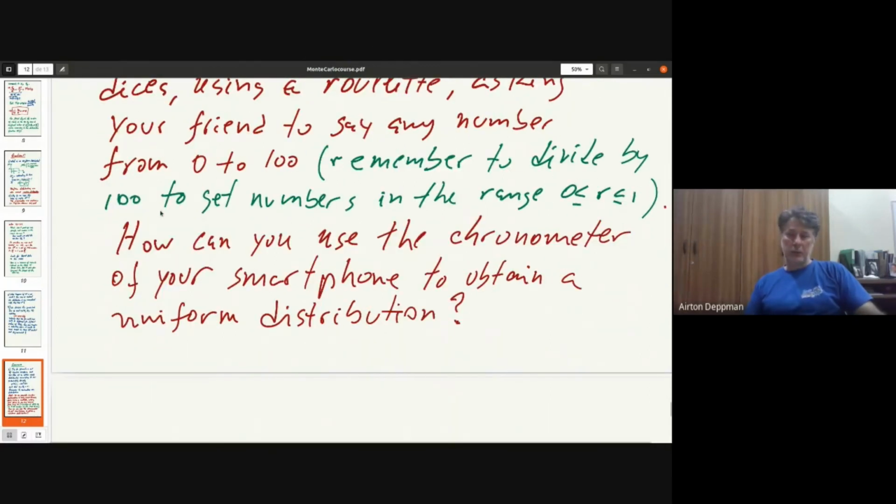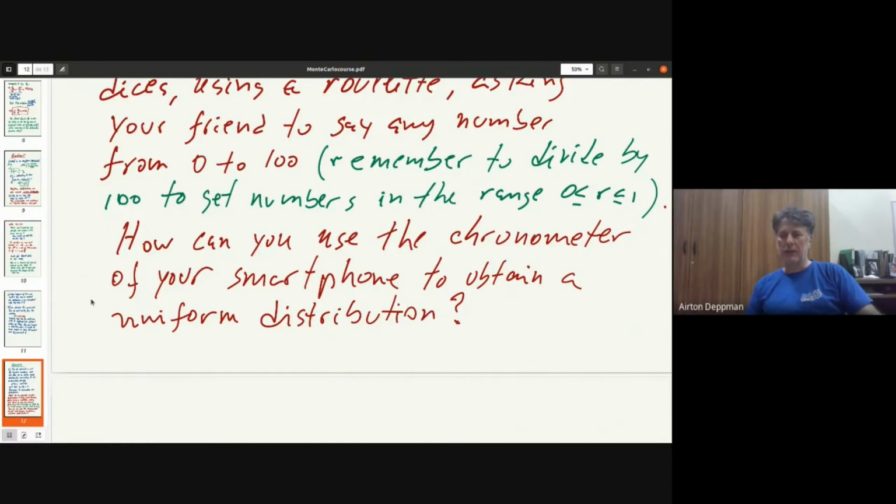There are other ways to sort random numbers, and this is a question. How can you use the chronometer of your smartphone to obtain a uniform distribution? This is very interesting. This is a method of random number generators. And as you see, there is some software that gives you a quasi-random number distribution.